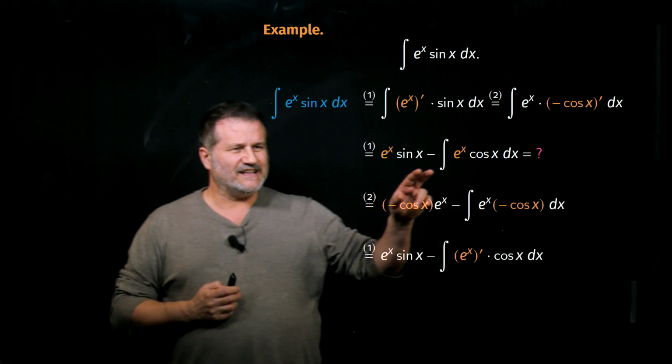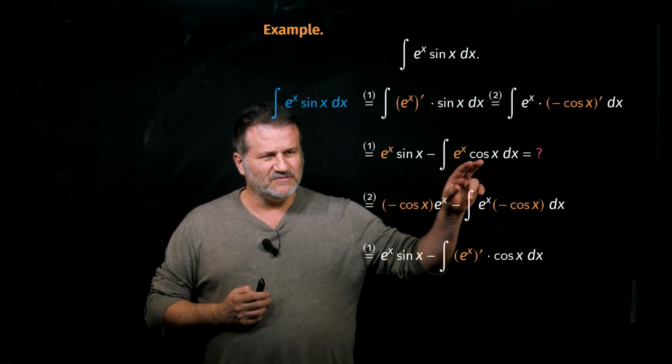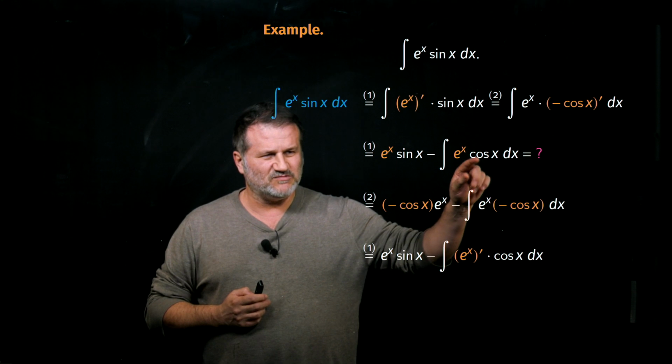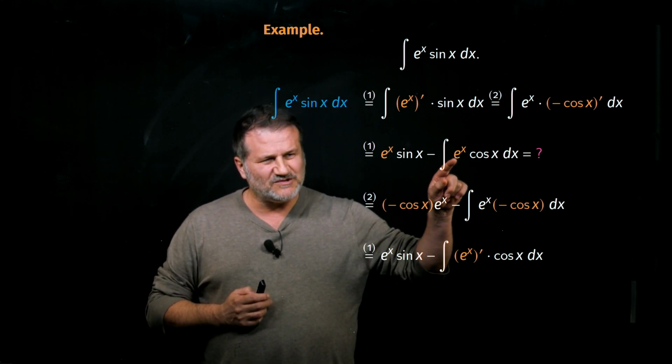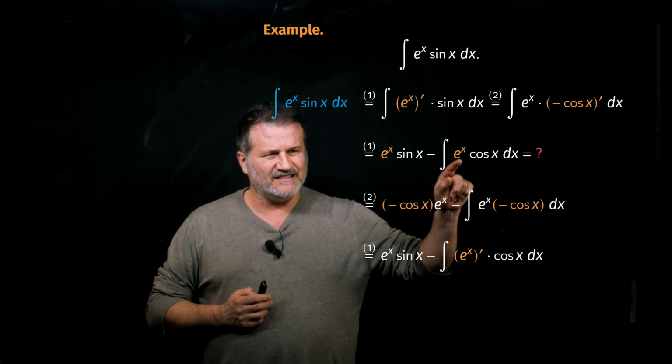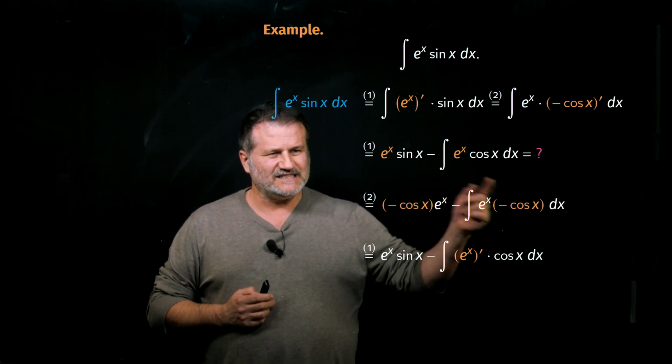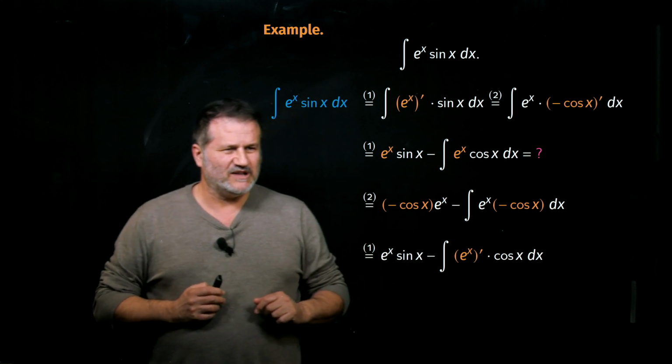Well, now the trick is that if we continue once more applying calculus by parts to this one, or this one is the same. So take this one, for example, and insist with the e^(2x). So think of this as the derivative of e^(2x) and apply calculus by parts once more.